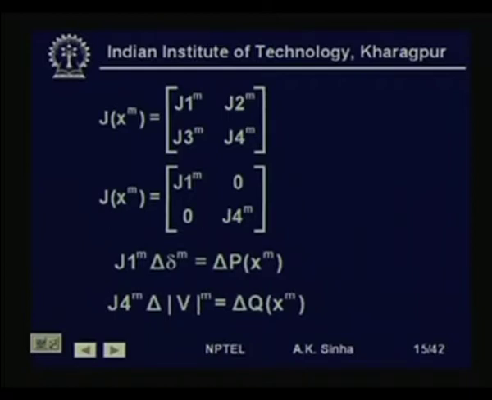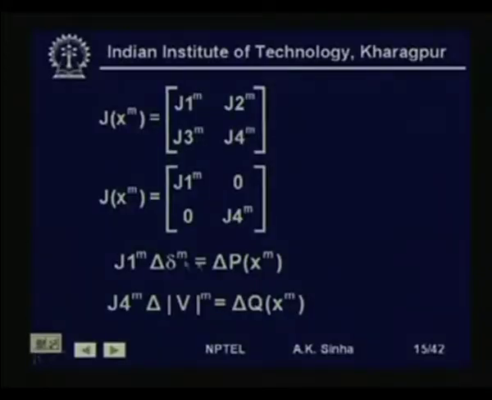The elements of these submatrices J2 and J3 are much smaller compared to the elements of J1 and J4. This also tells us the same thing, that there is a strong coupling between P and delta and Q and V, and a weak coupling between P and V and Q and delta.